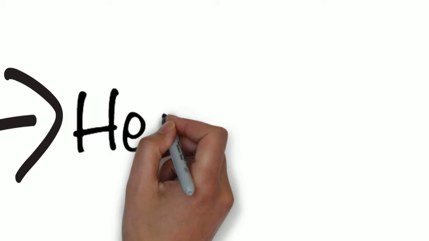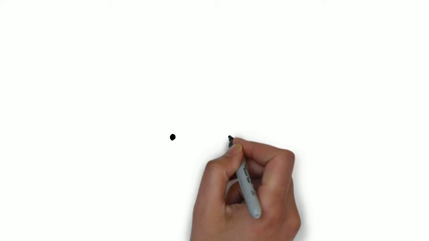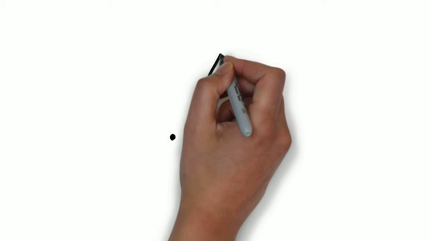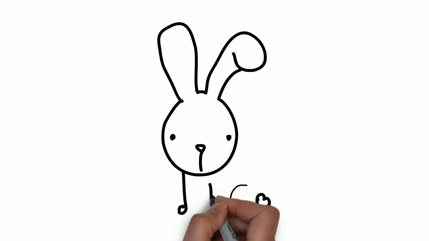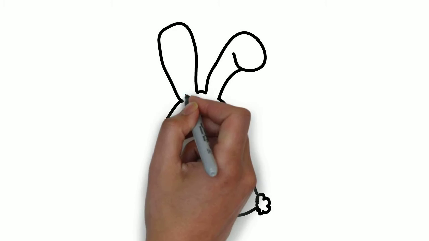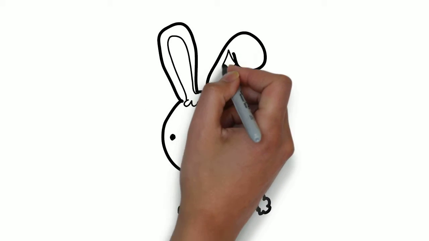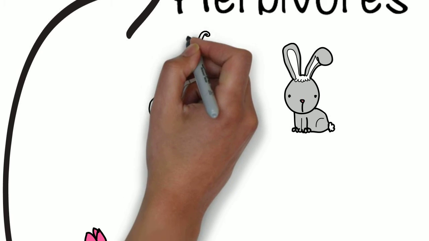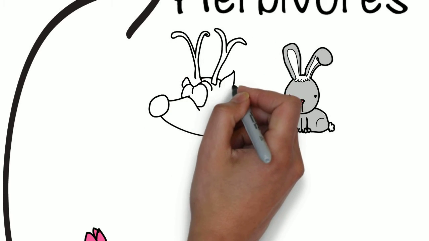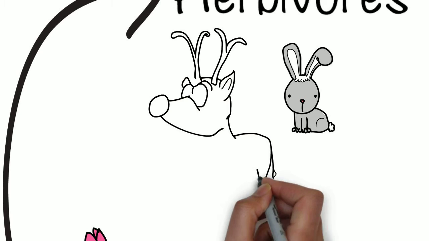And the next part of the food chain is an herbivore. And so an herbivore eats only plants. So we have the bunny rabbit that we saw from the first environment that eats grass, it eats plants, it relies on that for food. And a deer also relies on plants for food.